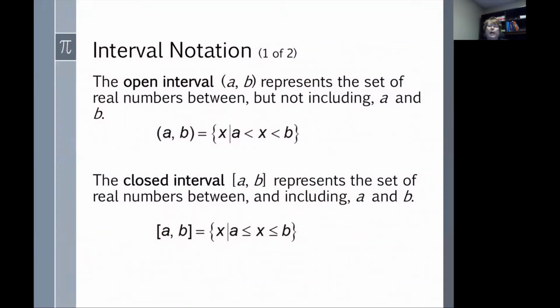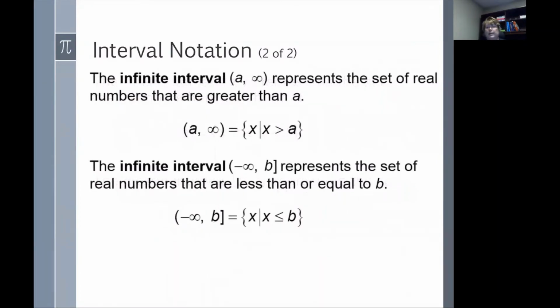The open interval AB represents the set of all real numbers between but not including A and B. The closed interval, bracket A, comma, B, bracket, represents the set of all real numbers between and including A and B. So bracket, you include the point in the interval, parenthesis, you do not.